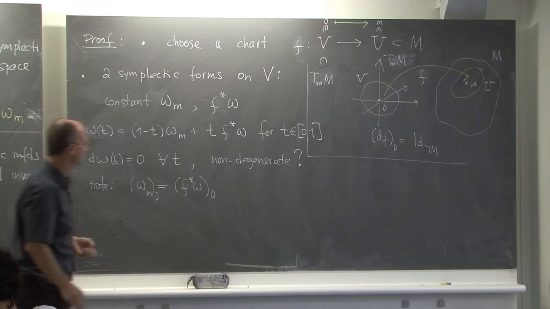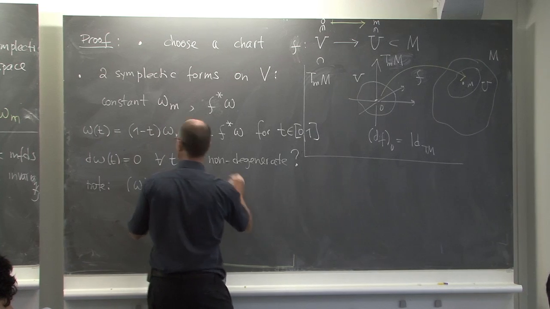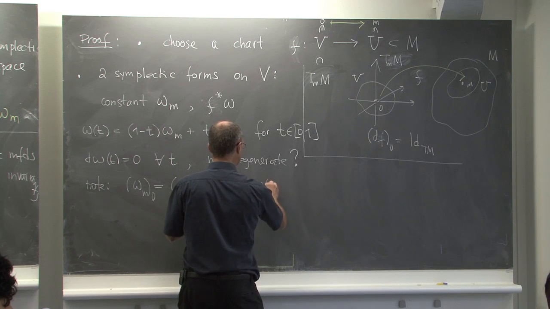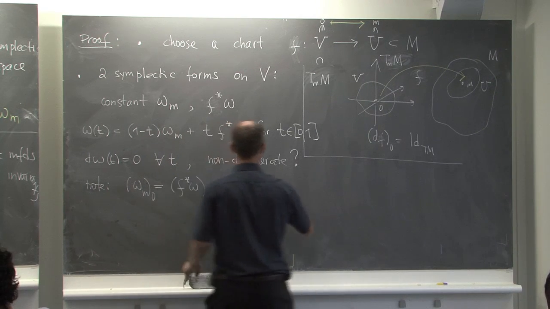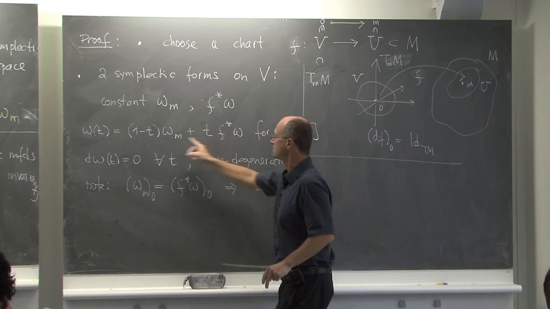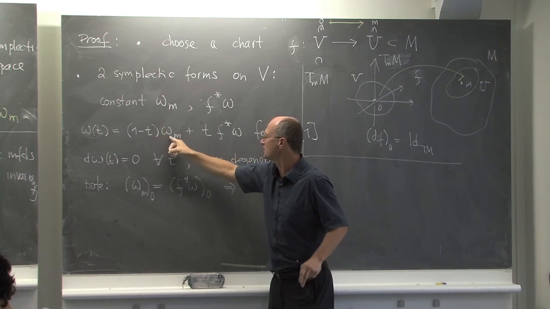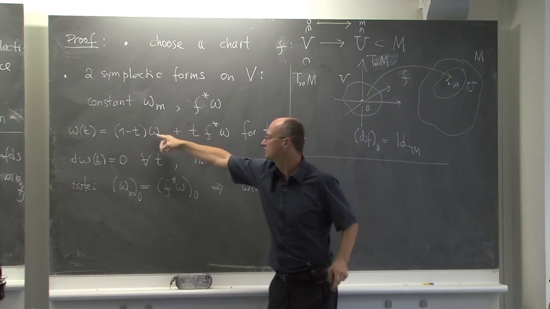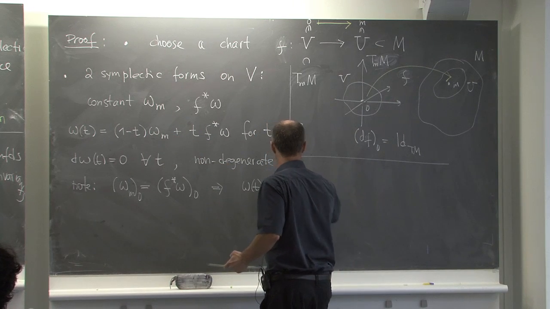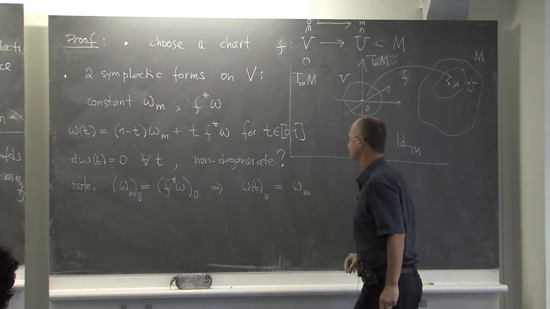So this means that omega_t at the point 0 is actually independent of t, because in this combination omega_m is equal to that guy, so it is just equal to omega_m.